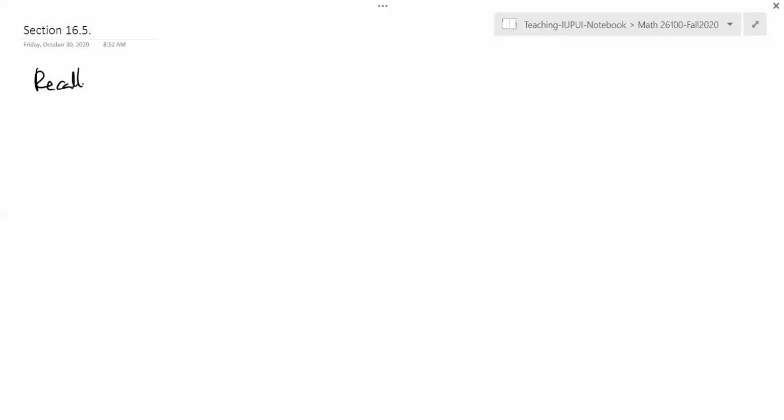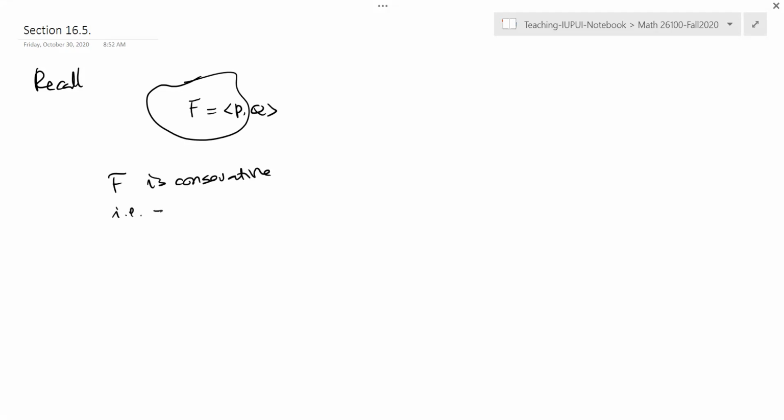We have a domain, and you have a vector field on the domain, P and Q. Now we know that F is conservative. Namely, those two are equivalent.